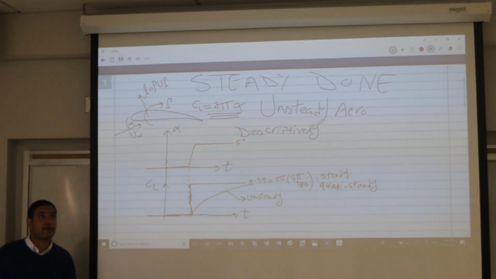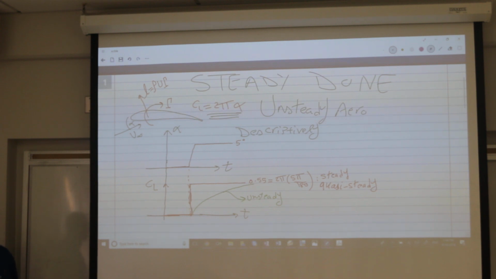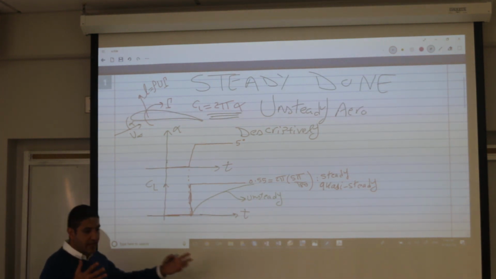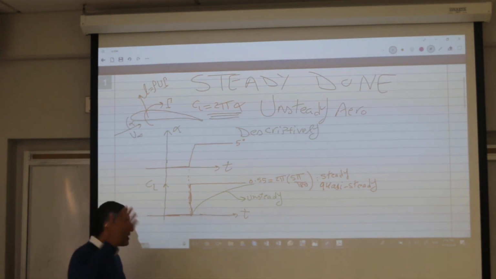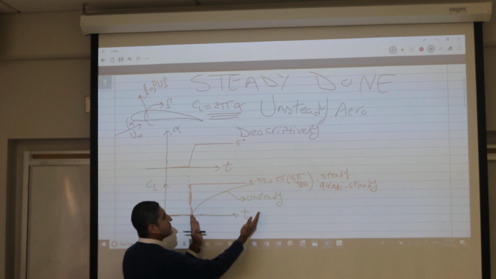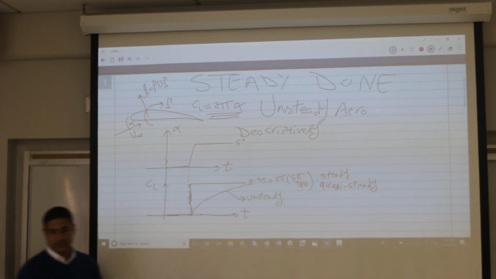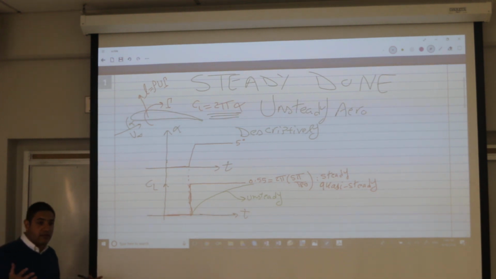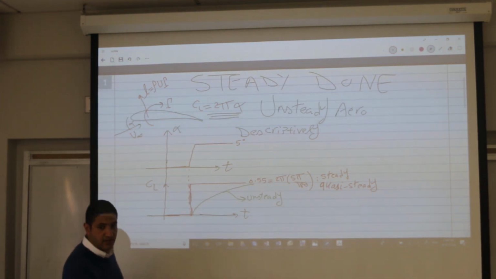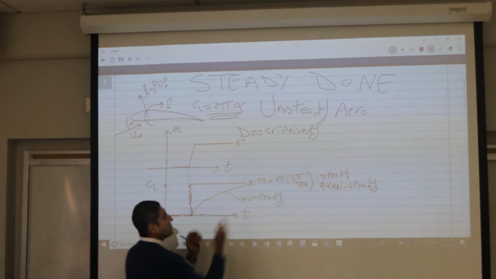But if you don't care about these very few moments, because they are really fast, so for airplane flight dynamics, the airplane is so huge that the time taken to move the inertia will outweigh by far the time taken to accelerate the aerodynamics. Okay? So the inertia of the airplane makes its time constant much larger than the time constant of the aerodynamics.